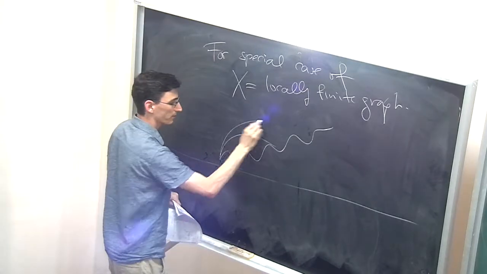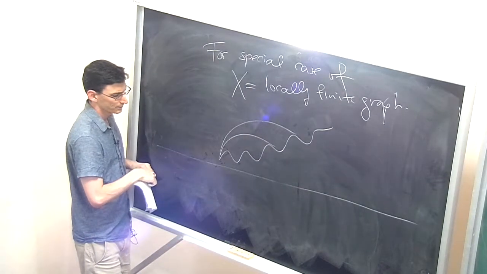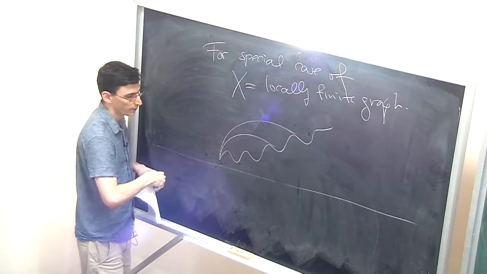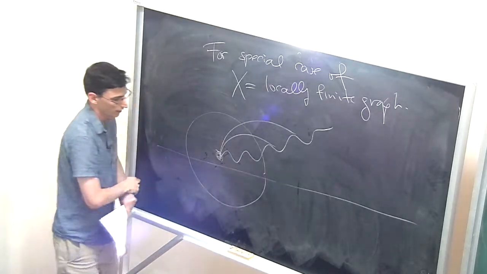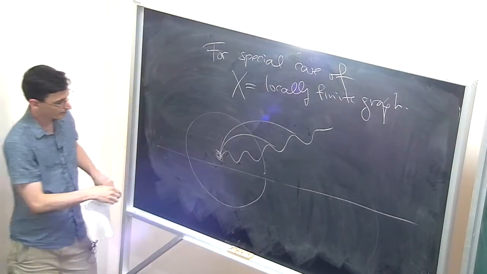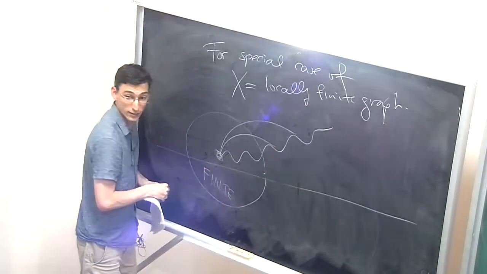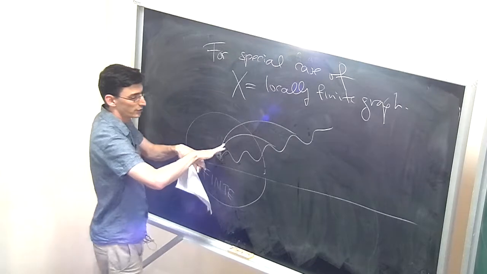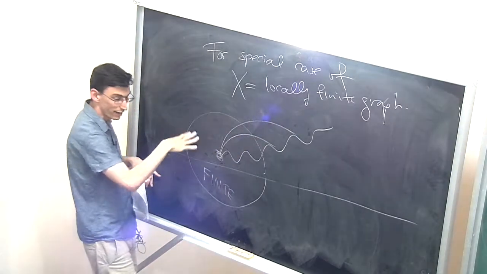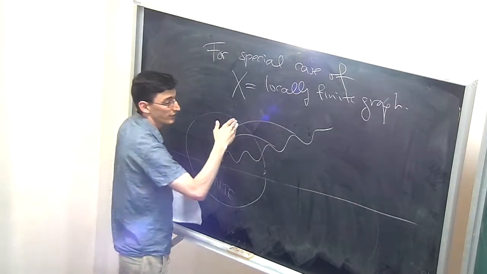Before I had to use a theorem, but in this case you can look at a big ball, and this ball is finite. These geodesics going out wander around in here, but it's finite, so there has to be a repeat, and there's an infinite number of them.